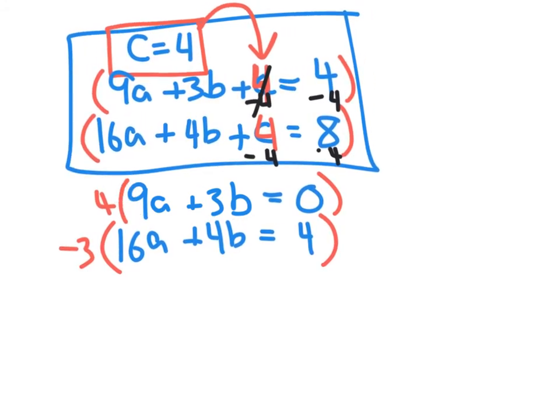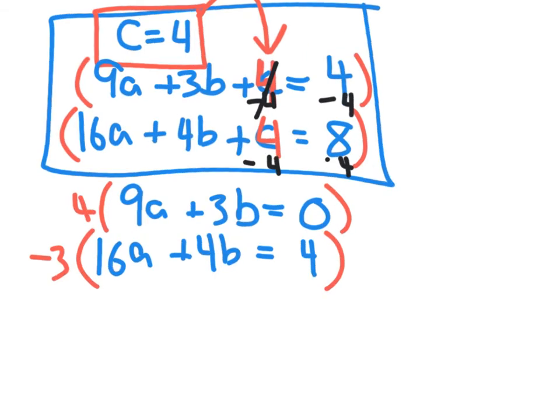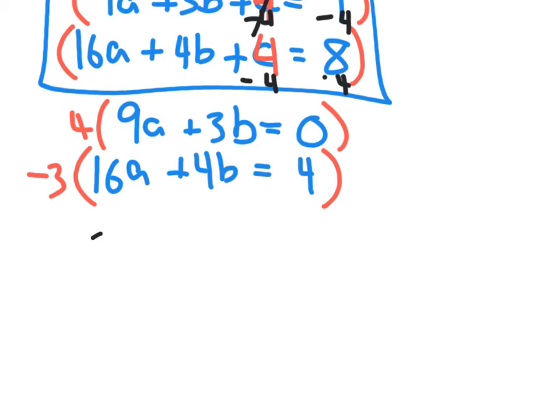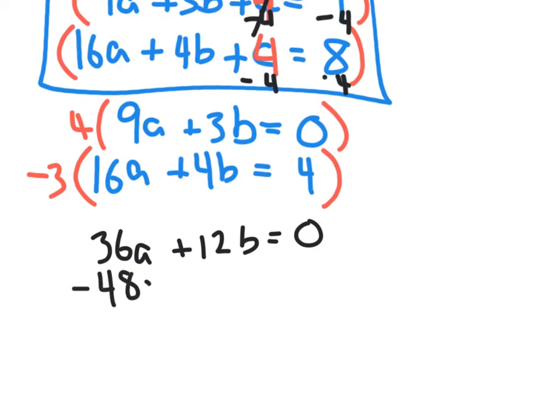So on the top equation, when we distribute, we'll end up with 36a plus 12b equals 0. And on the bottom equation, we're going to end up with negative 48a minus 12b equals -12. And now we're able to combine, cancel, and solve.